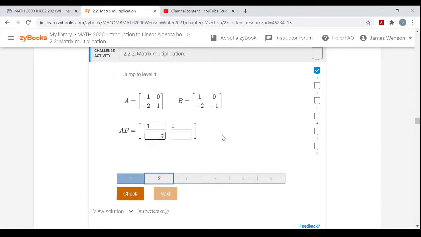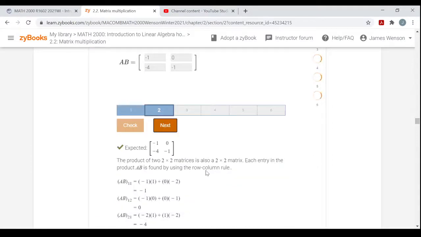Then for the second row, first column, do second row on the left, -2, 1, with the first column on the right, 1, -2. You get -2 plus -2, that'd be -4 for that entry. And then the second row, second column, you're doing -2, 1 with 0, -1. So 0 plus -1, or -1. All right, I fill in all those, check to see that my product is correct, and it is. And great.